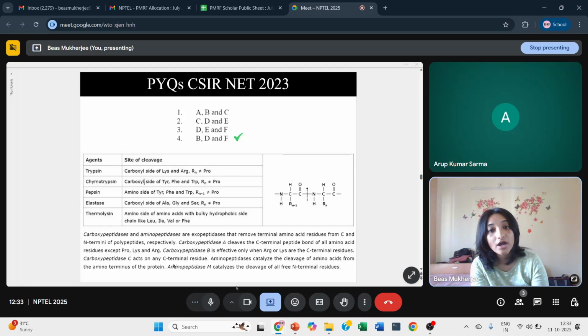Carboxypeptidase A cleaves the C-terminal peptide bond of all amino acids except proline, lysine and arginine. Carboxypeptidase B is effective only when arginine and lysine are the C-terminal residues. C acts on any C-terminal residues, right? Whatever we studied in the previous one is again given over here. So this is how you will be able to understand that B, D and F are the right options.